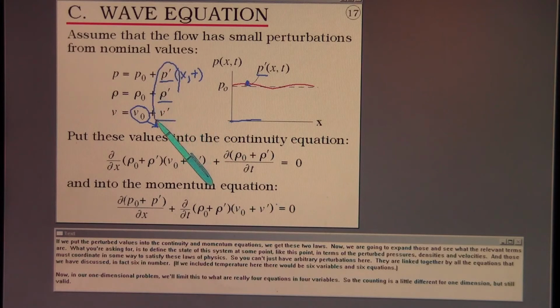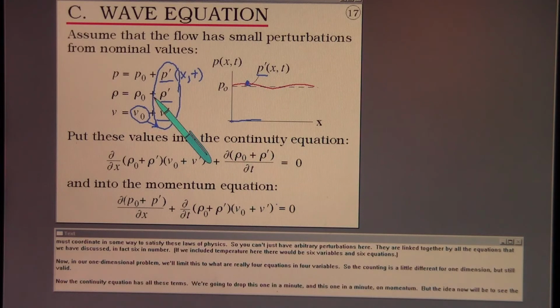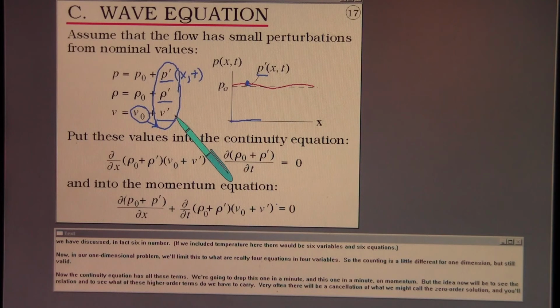They are linked together by all of the equations that we have discussed. In fact, 6 in number. If we included temperature here, there would be the 6 field variables and the 6 equations. Now, in our one-dimensional problem, we'll limit this to what are really 4 equations in 4 variables. So the counting is a little different for one dimension, but still valid.